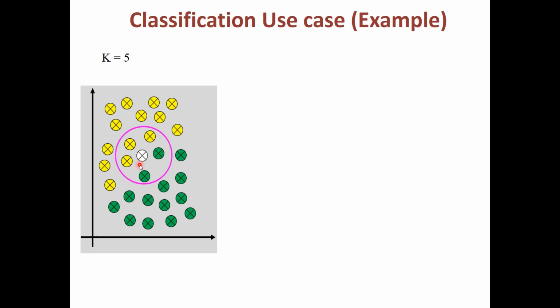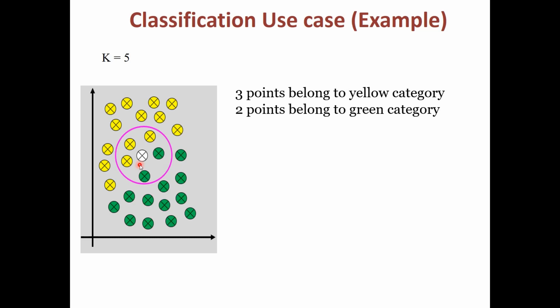Once we find the nearest neighbors, we can observe that 3 data points belong to the yellow category and 2 data points belong to the green category. Out of these 5, 3 belong to the yellow category, so we will assign the class of this test data point as yellow.